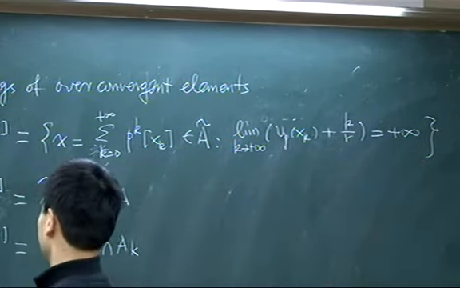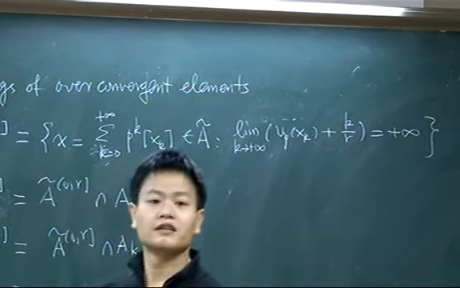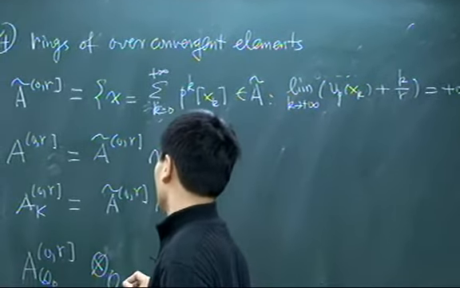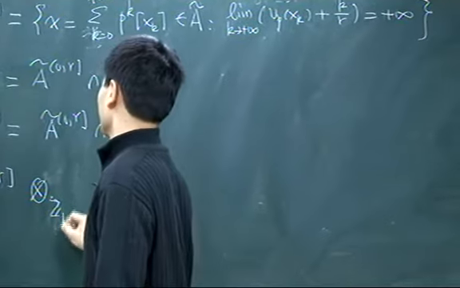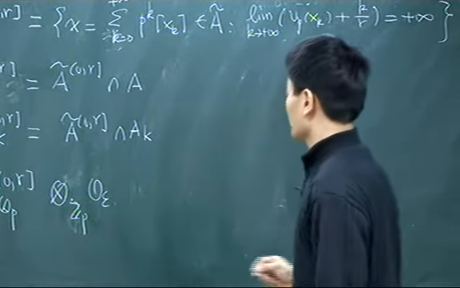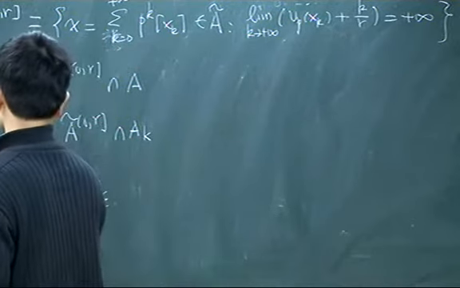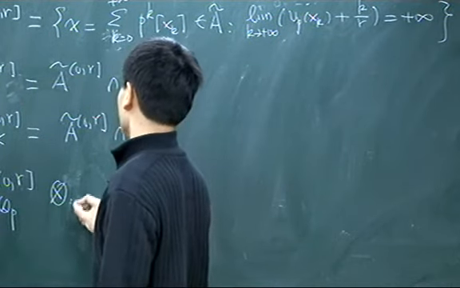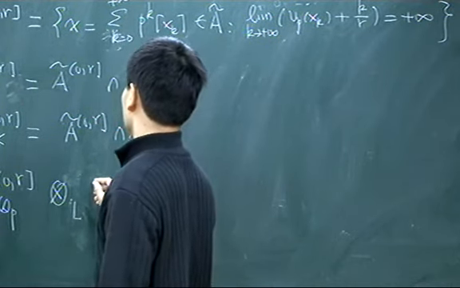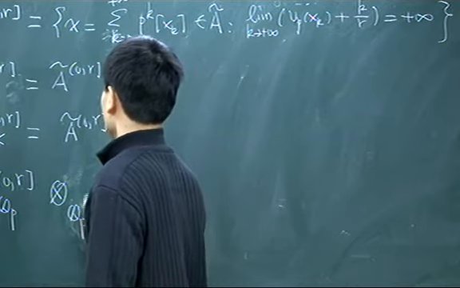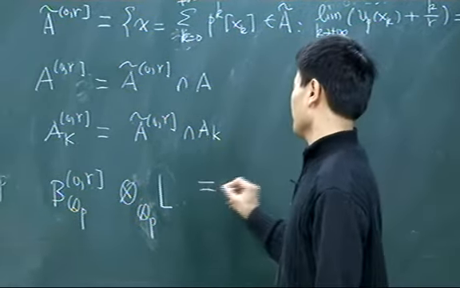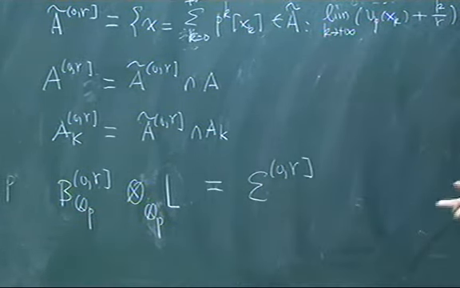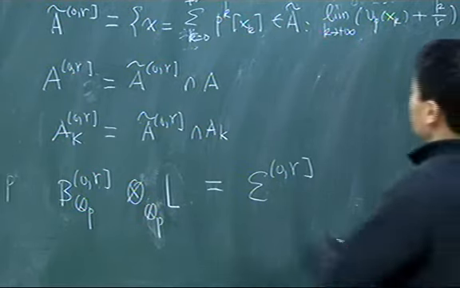Then what do we have here? Say AQP 0R. If you tensor again with, or I think maybe it's PQP, if you tensor again with L, oh no, QP L. This is the one we studied.